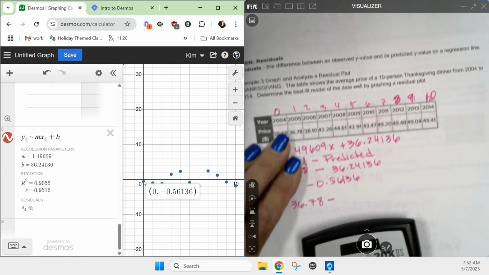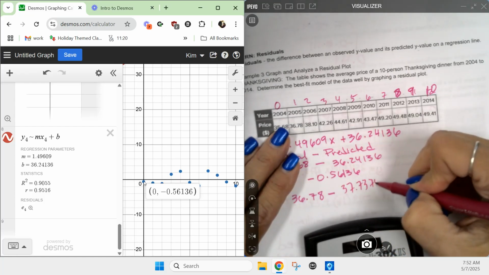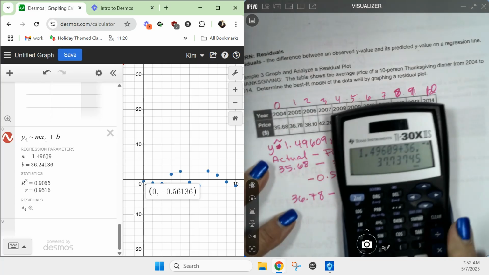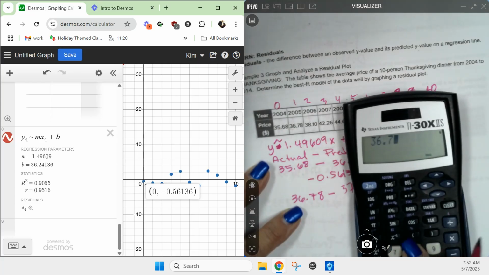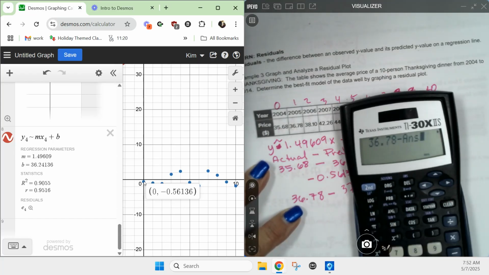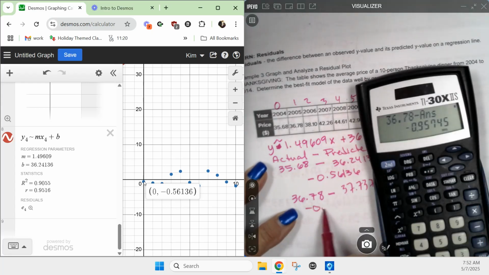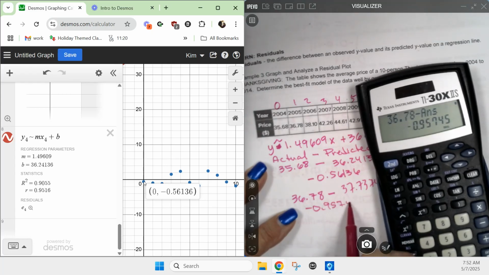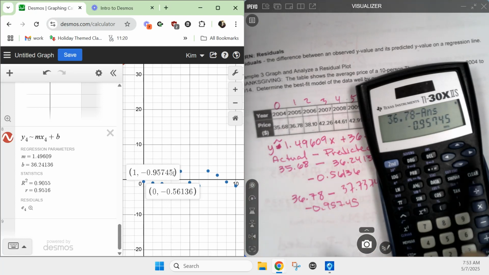I'm going to write that down: 37.73745. Now, hopefully you know how to use your calculator. So I'm going to take 36.78, and I'm not going to retype all that. I'm going to hit minus, second answer, and I get negative 0.95745. And look, that is that point right there. So that's all you have to do in order to find that.